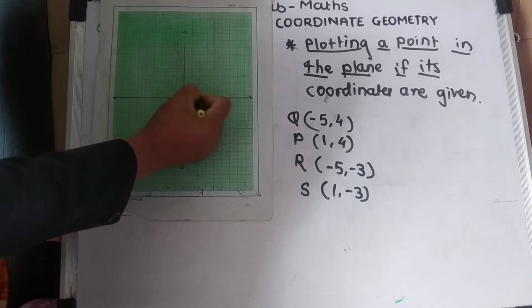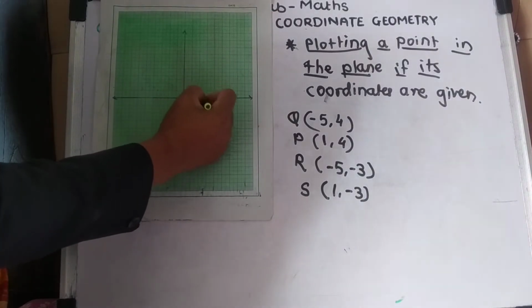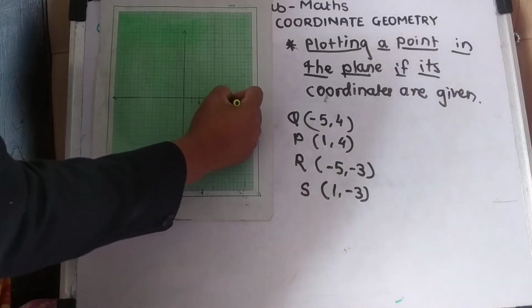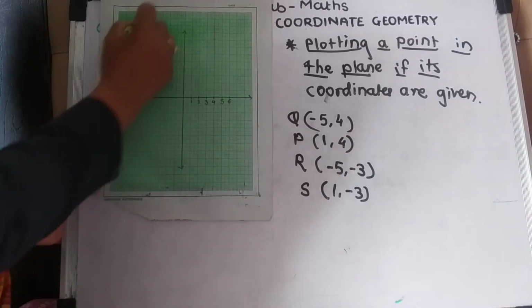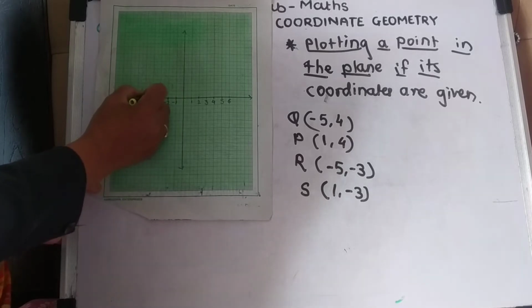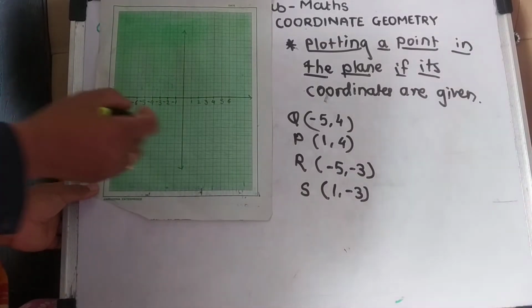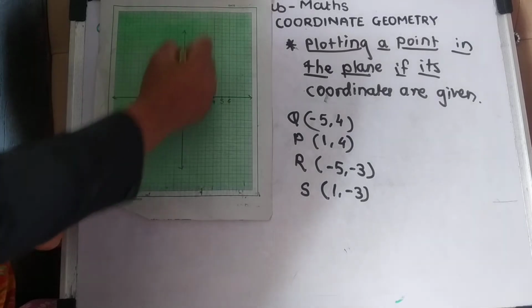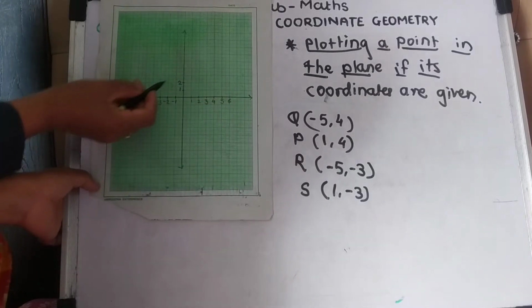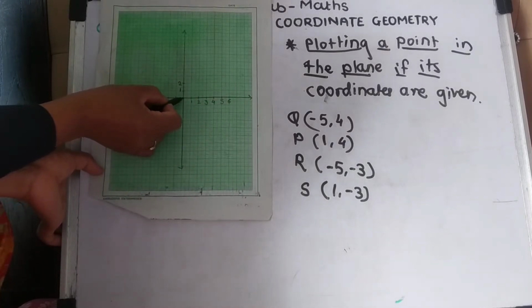Now we are going to plot the points. On the right side we will show all positive numbers: 1, 2, 3, 4, 5, 6. Then we have -1, -2, -3, -4, -5, -6. Similarly on the vertical line 1, 2. While writing numbers, this is always 0, the intersection.